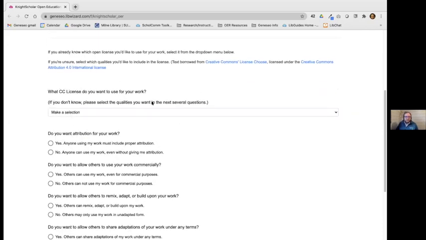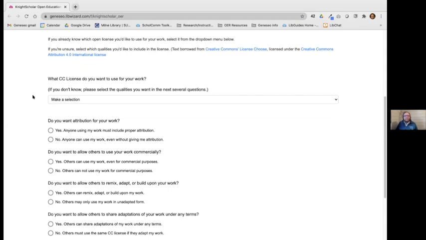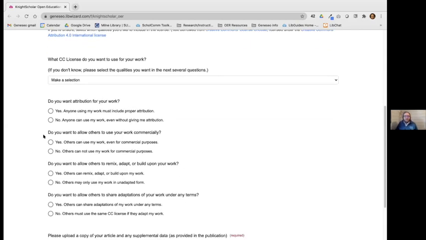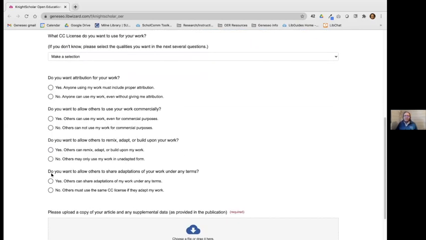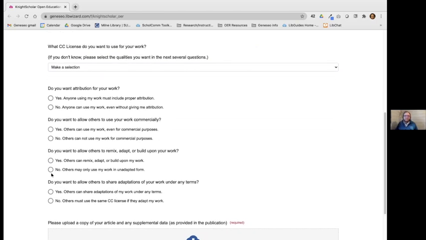Down here under what CC license do you want to use for your work, if you know what Creative Commons license you want, you can choose that right here, and that's fine. We can work on putting all these things together. But if you don't know which one you want to use, just answer these 4 questions, and then I or one of us on the KnightScholar team will work with you on figuring out what Creative Commons license is most appropriate for you and for your work. And this is borrowed from the Creative Commons website.